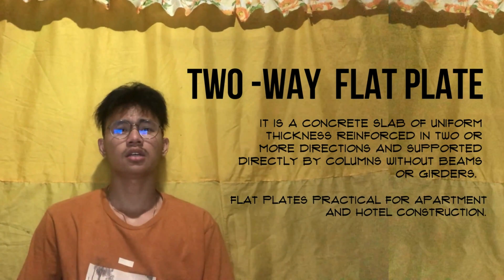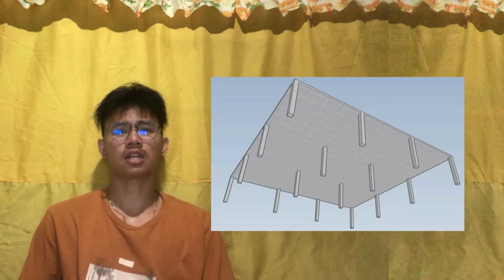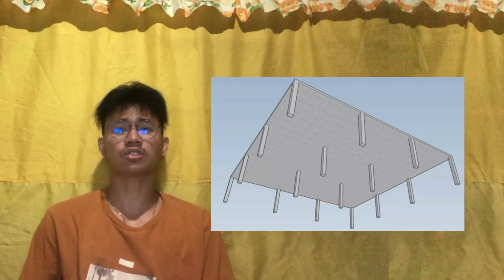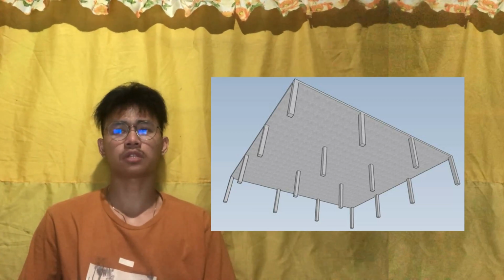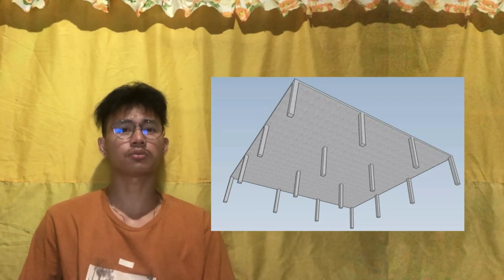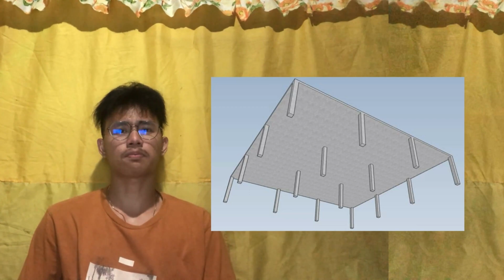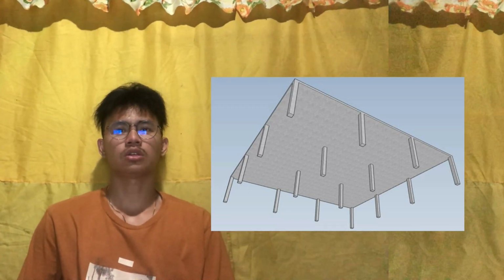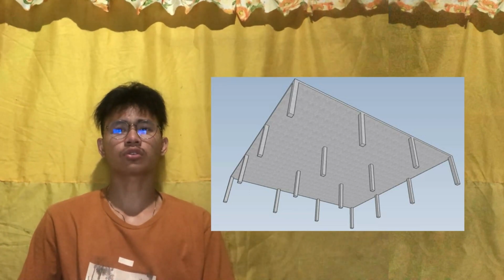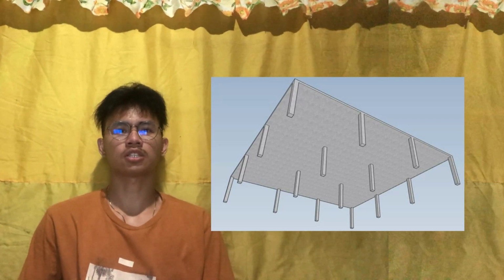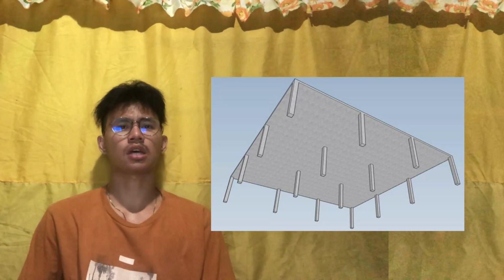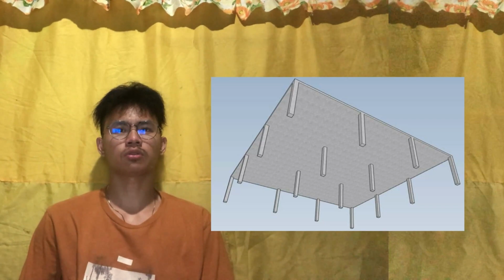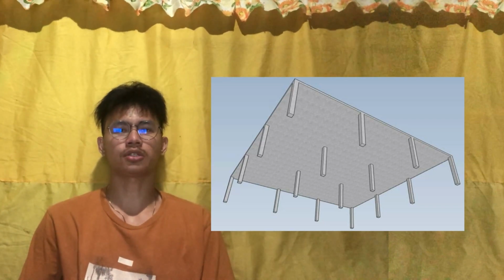Or should I say, the two-way flat plate slab is essentially a slab of uniform thickness supported directly on columns, and it is best suited to light loads. With reinforced concrete, two-way flat plates can span up to 8 meters and with the post-tension method up to 11 meters.